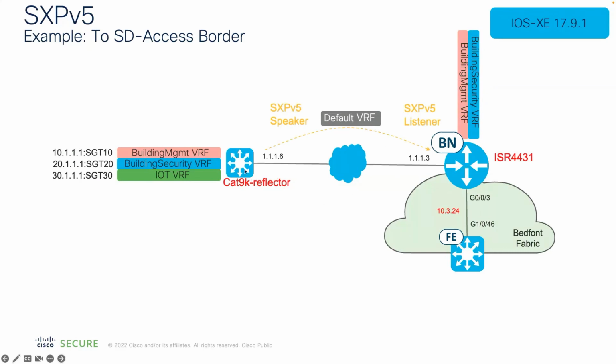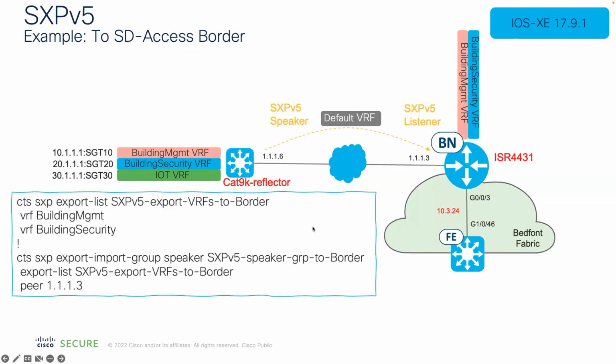Because both of these platforms running 17.9.1 support SXP version 5, they will negotiate to the highest version, which in this case is SXP version 5. It allows us to use an export list on the reflector and only send down mappings for building management and building security. Again, there's an explicit deny at the end of that list, so it will only send them. It won't send mappings from the default, and it won't send mappings from the IoT VRF.